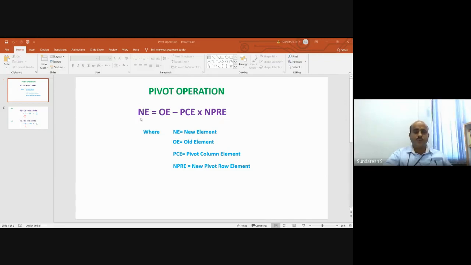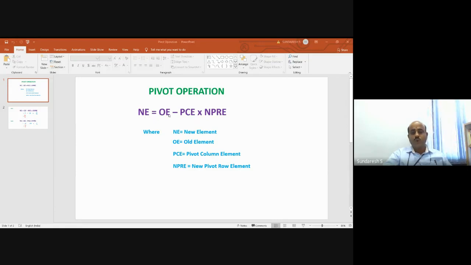NE corresponds to new element, which is equal to old element minus pivot column element into new pivot row element. This is the formula you are supposed to remember.